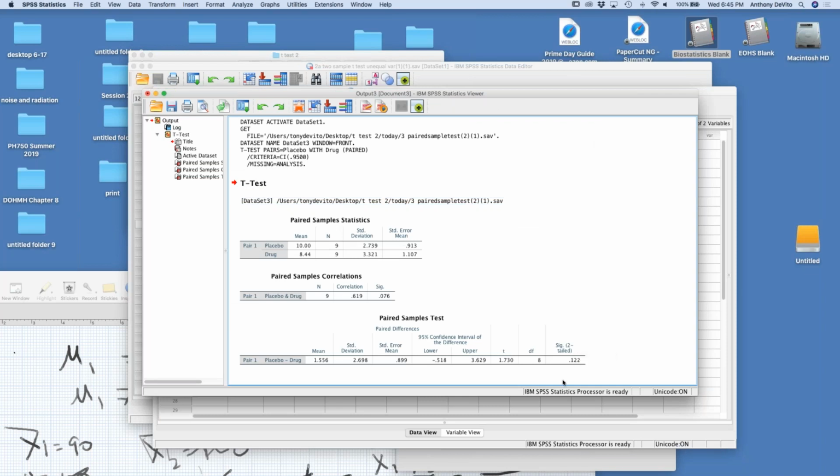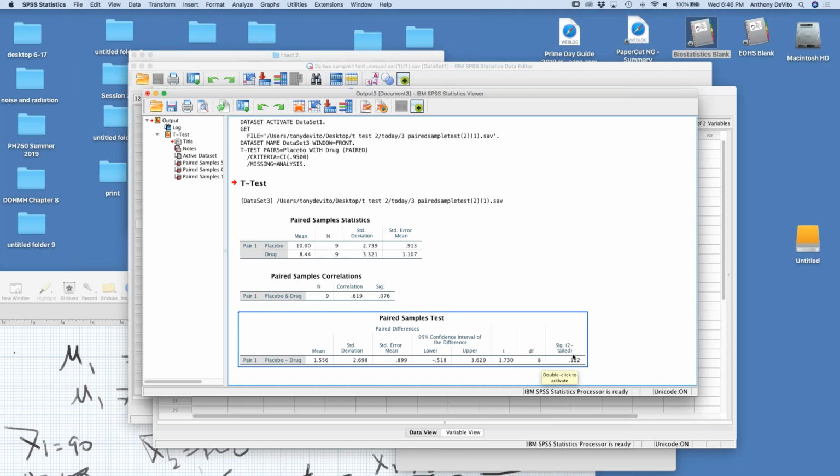And here is our result and our t-test. The value of our mean, the mean difference, is 1.556. Is that different enough from zero for me to be able to say that the mean difference is not equal to zero, rejecting the hypothesis? Well, let's see what our t-score is. Our t-score is 1.730, 8 degrees of freedom.